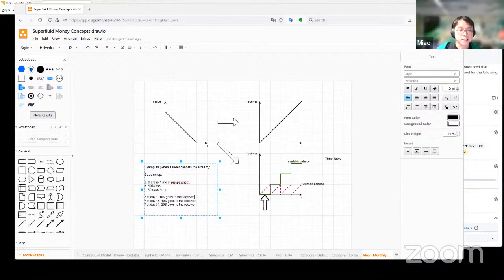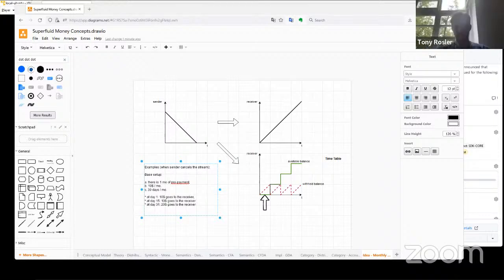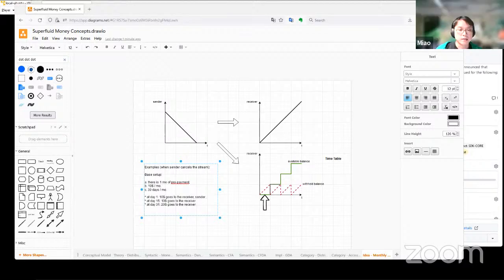So what happens is, which I should specify a bit more, that the sender balance is, okay, the sender gets roughly 33 cents refund also, right?